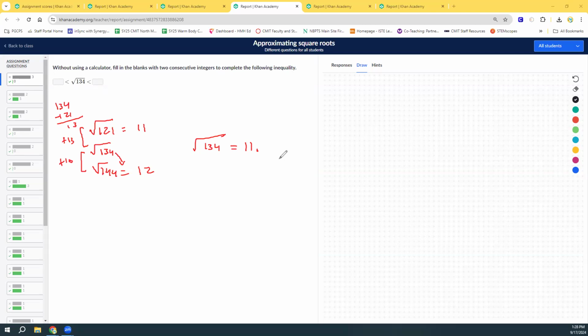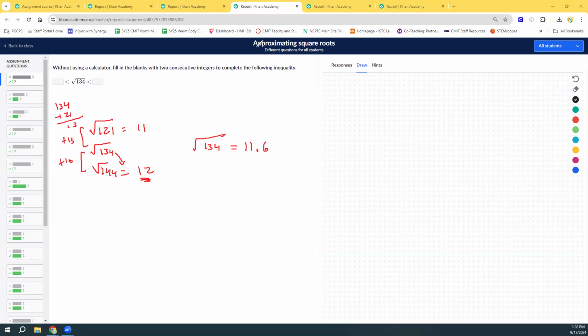If it was closer to 11, maybe it'd be like 11.1 or maybe 11.2 or maybe even 11.3 if it's closer but a little far. I'm going to say because it's a little bit closer to 12, but still kind of in the middle, I'm going to say 11.6.